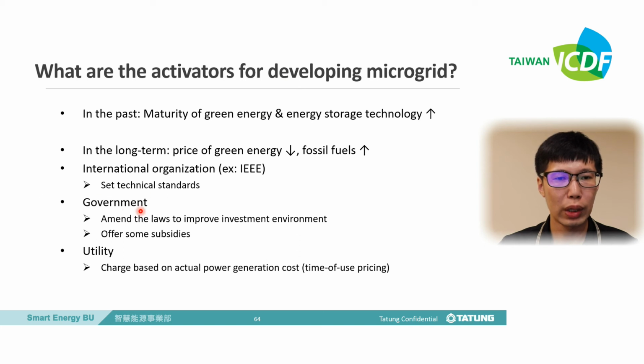And the government can amend the laws to improve the investment environment and offer some subsidies to the companies that develop microgrids. And the utility can charge the customer based on the actual power generation cost, which means charging by time-of-use pricing. And in this case, it will help develop the microgrid.